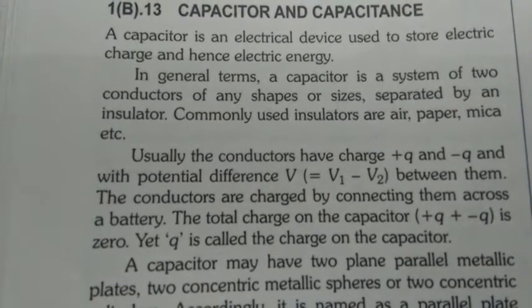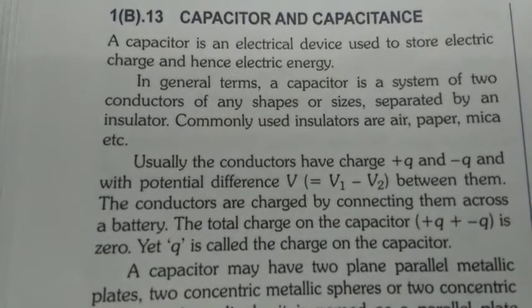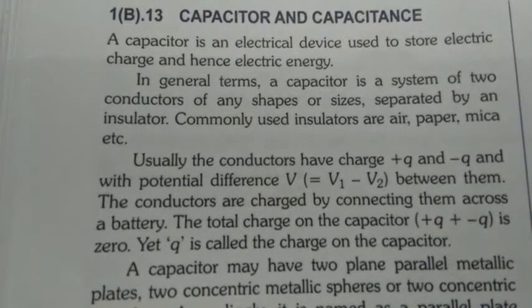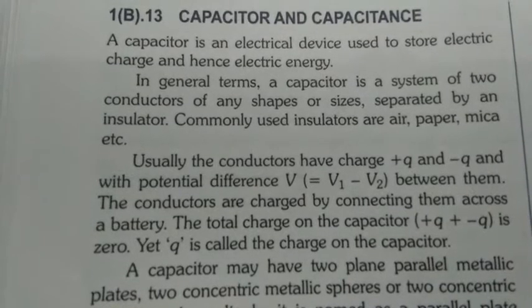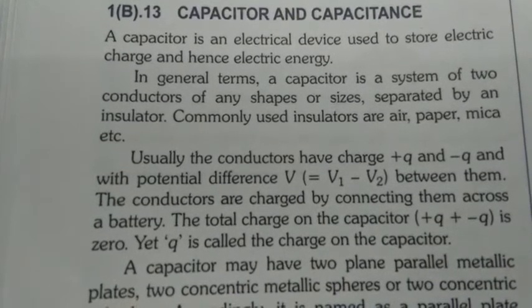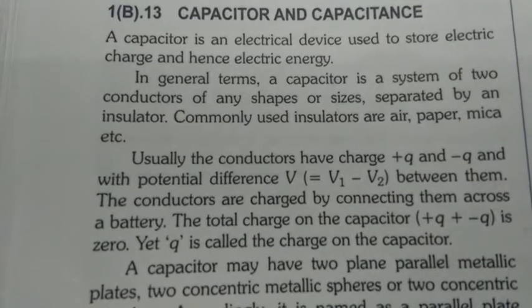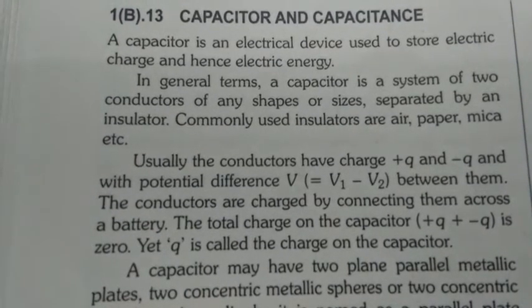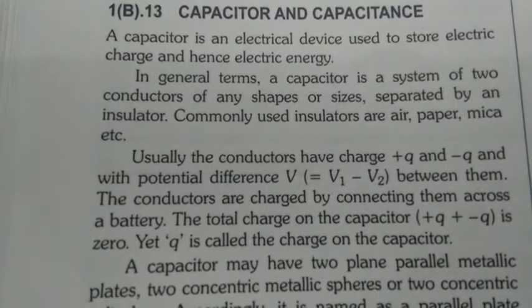That energy can be used for many purposes. Now, as charges are accumulated over the surface of a conductor, if we want to store more charge, we need a large size of conductor.